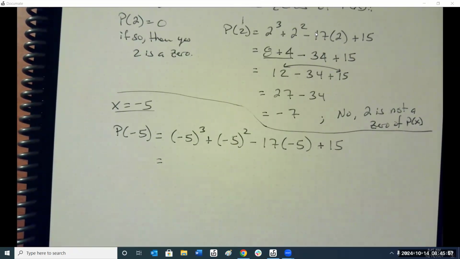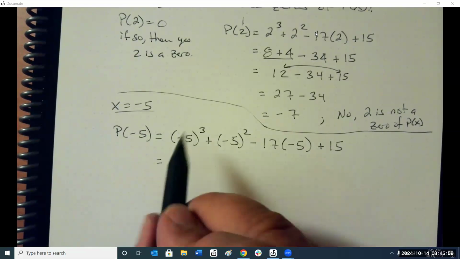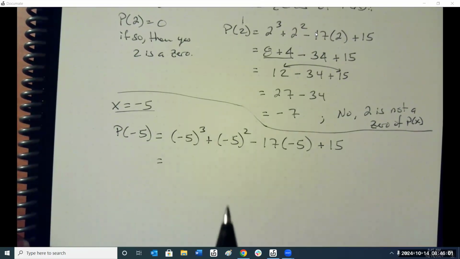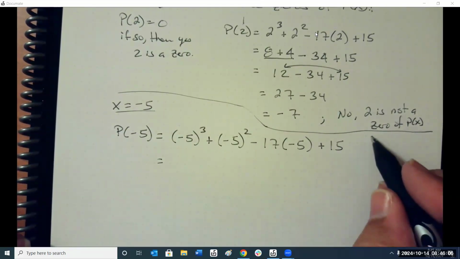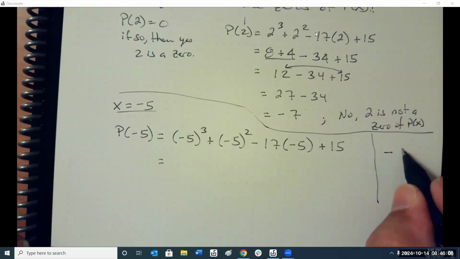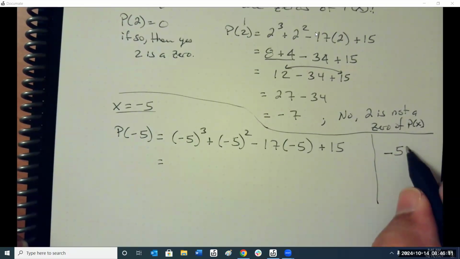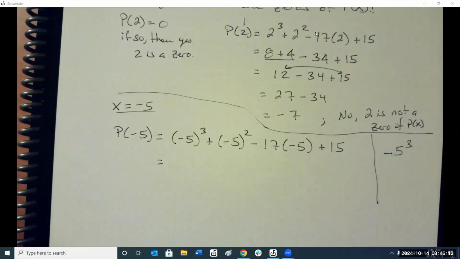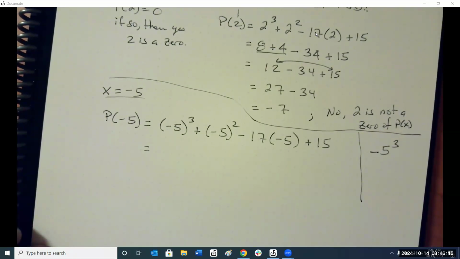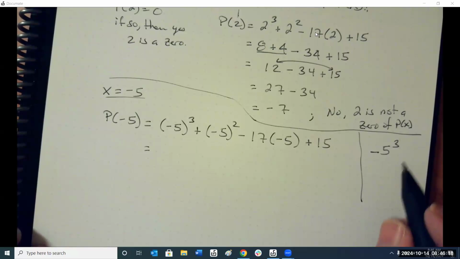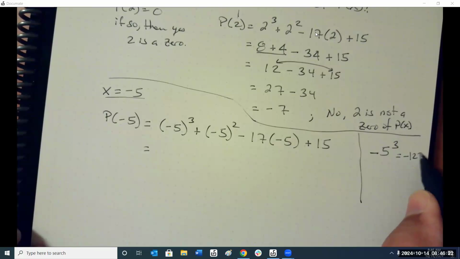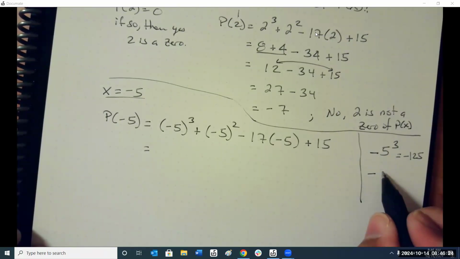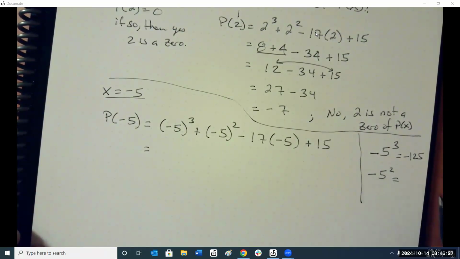You notice I put the parentheses around the numbers that I'm putting in if they're negative. Because if I didn't put the parentheses around it, this number would be -125, and -5 squared would be -25.